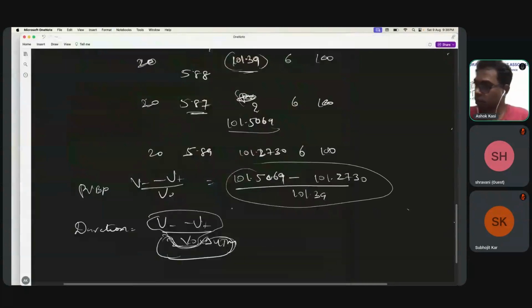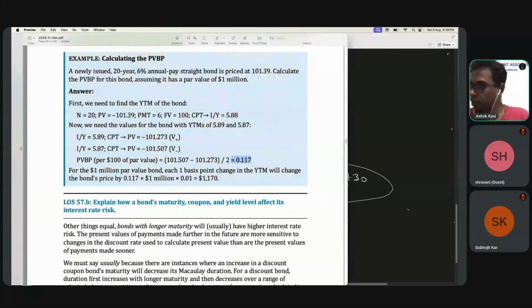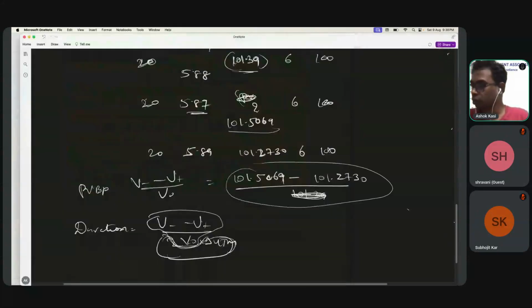Sorry, this is not V0, this is divided by 2. Just calculate this: it is 0.1169.